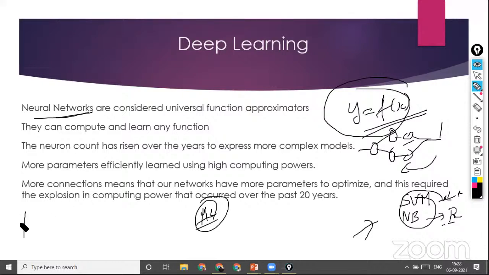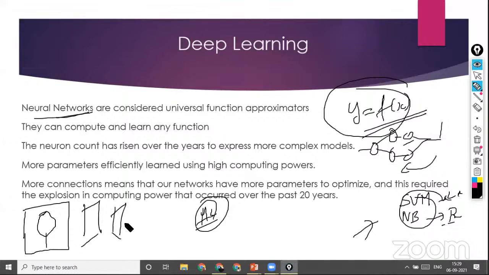For example, you have an image of a simple flower. When you use a deep learning technique, it's some kind of abstraction. Each layer in deep learning does some kind of abstraction.